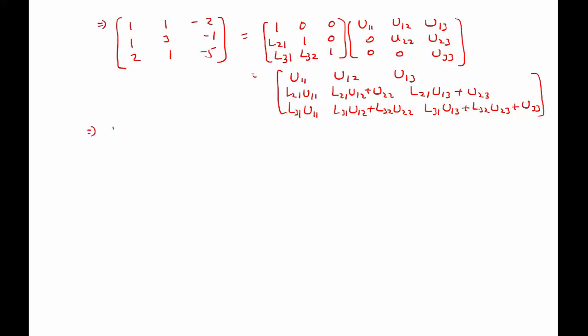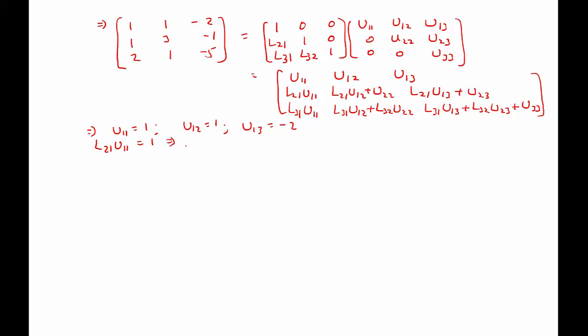From this, U11 is equal to 1. Second element, U12, is also 1. Third element, U13 is equal to minus 2. Next, fourth element, L21 into U11 is equal to 1.